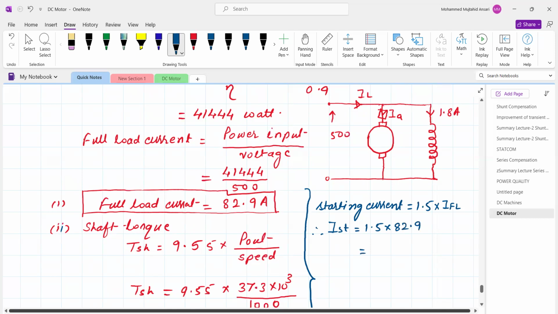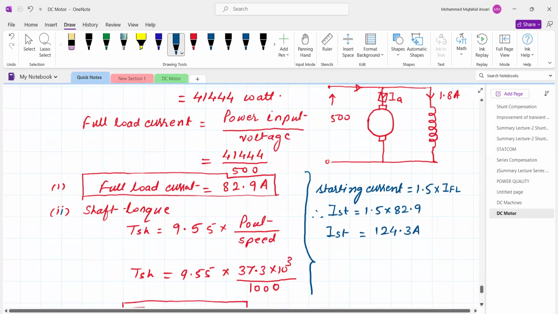So the starting current should not increase more than 124.3 ampere.